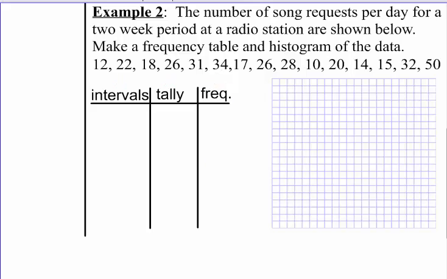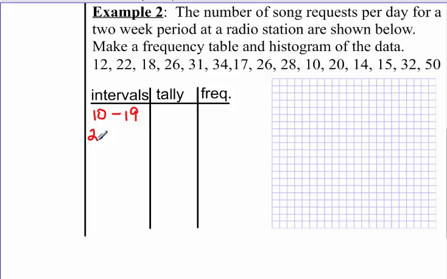So let's go ahead and set up our intervals. So we have data values that range from numbers in the teens to 50. Let's start our intervals. So we need an interval set that includes all the teens. So if we go 10 to 19, that includes all the teens.